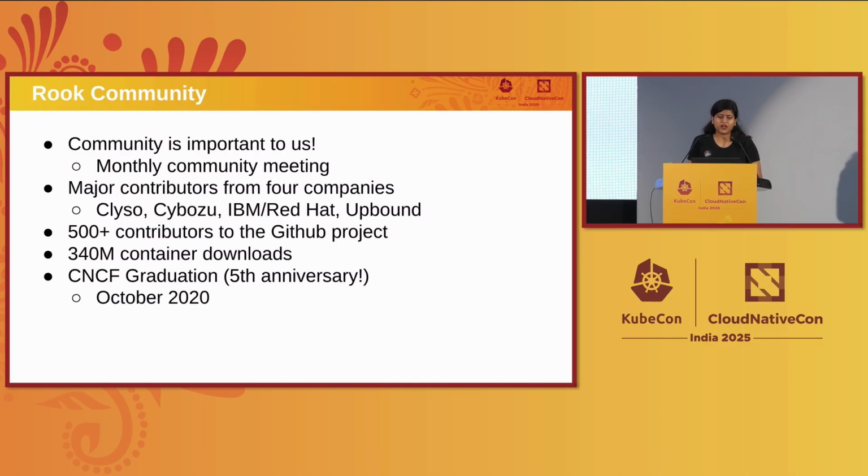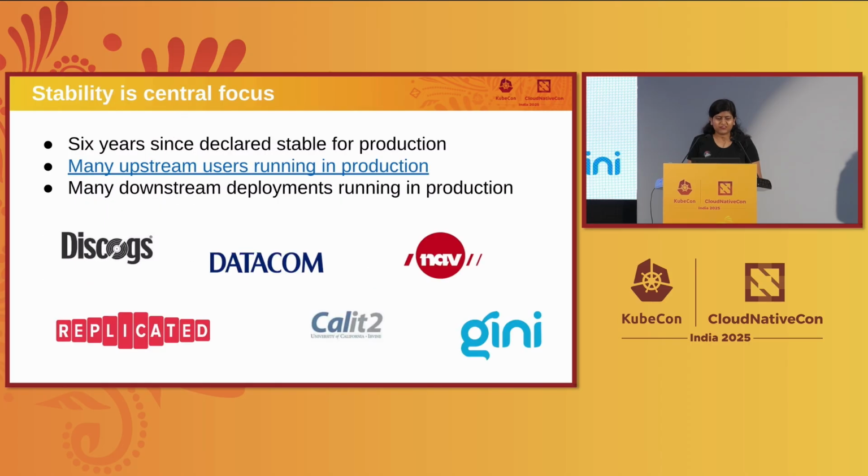It's the 5th year now, and stability is the central focus for us. Rook has been declared stable for 6 years now. There are many upstream users running it in production. You can see them in the link that I added.